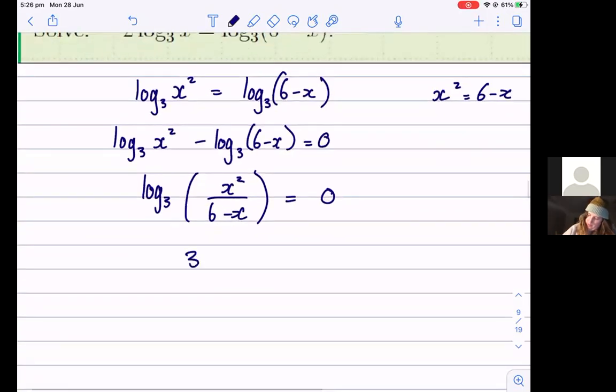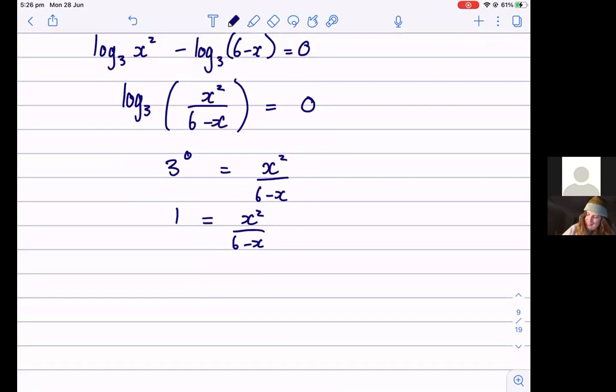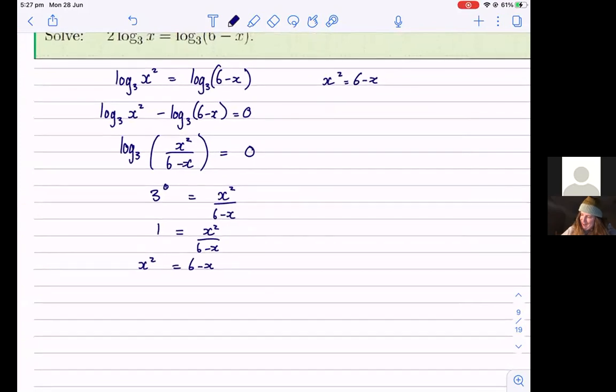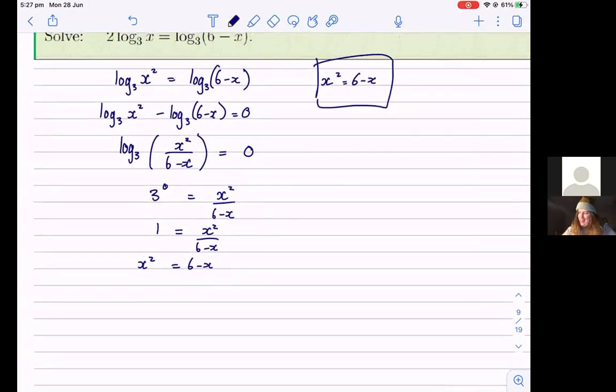So 3 to the 0 equals x squared on 6 take x. 3 to the 0 is 1. Multiply by 6 take x. Yeah, we've got x squared equals 6 take x. So that's the long way for this lovely shortcut.